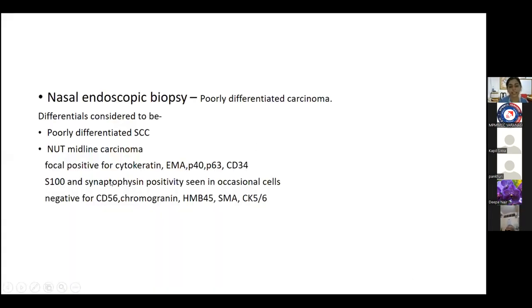So IHC they have written as focal positive for cytokeratin, EMA, P40, P63, CD34 positive, S100 and synaptophysin positivity in occasional cells, negative for CD56, chromogranin, HMB45, SMA, CK5 or 6.